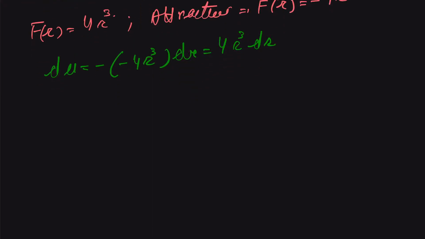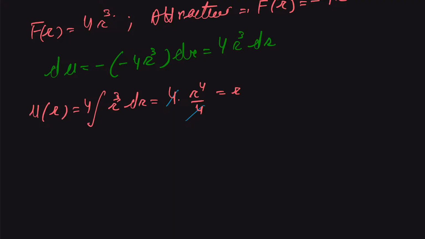We get that U of r will be equal to the integration of 4r cube dr. So this will be coming as 4r to the power 4 upon 4, and 4 and 4 go away. So this comes as r to the power 4. So this is our potential energy at a distance r.